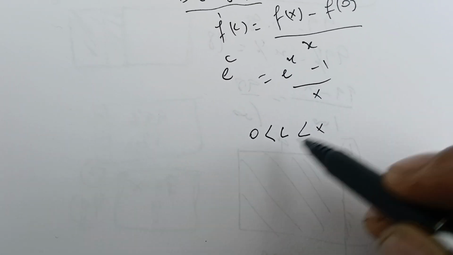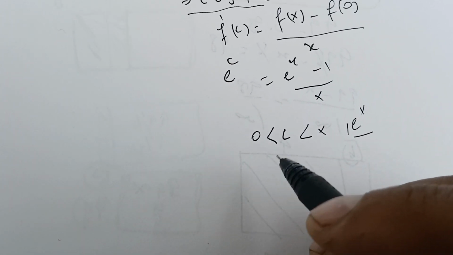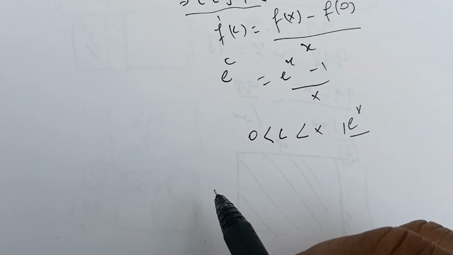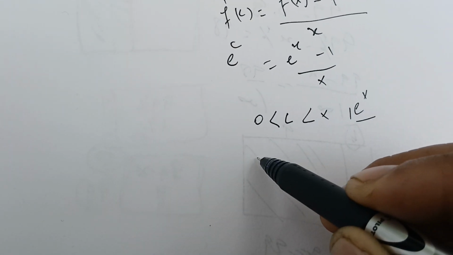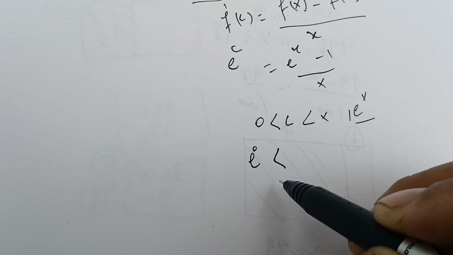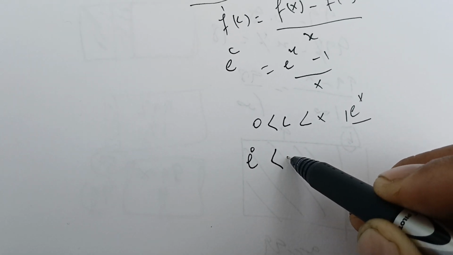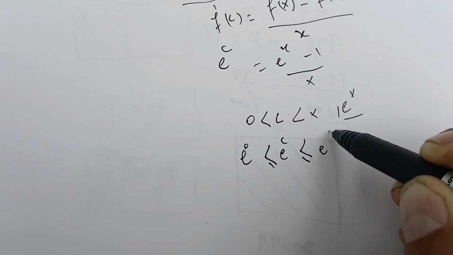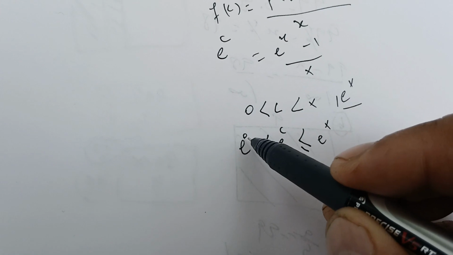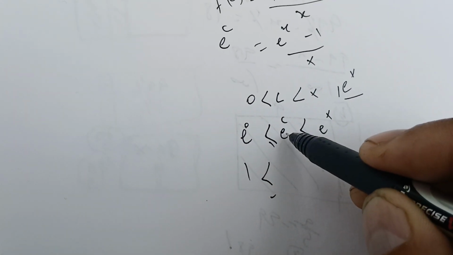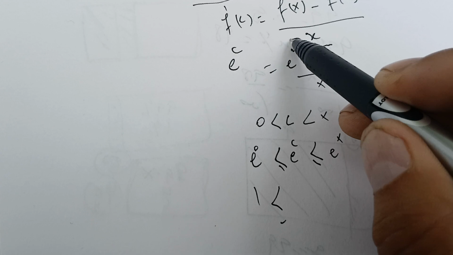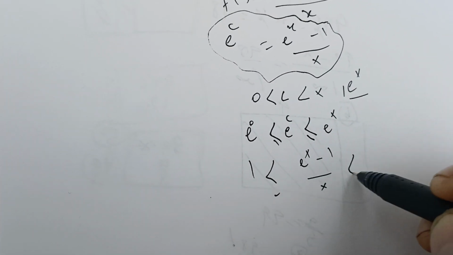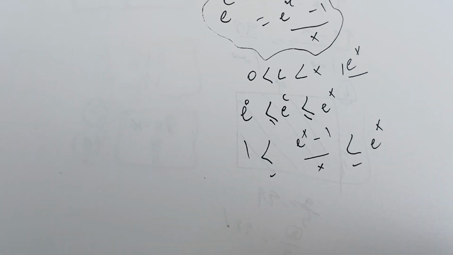Since the exponential in general is increasing, we have e to 0 less or equal than e to the power c less or equal than e to the power x. e to the power 0 is 1, and e to the power c is this one here. So it's e to x minus 1 over x less than e to x.